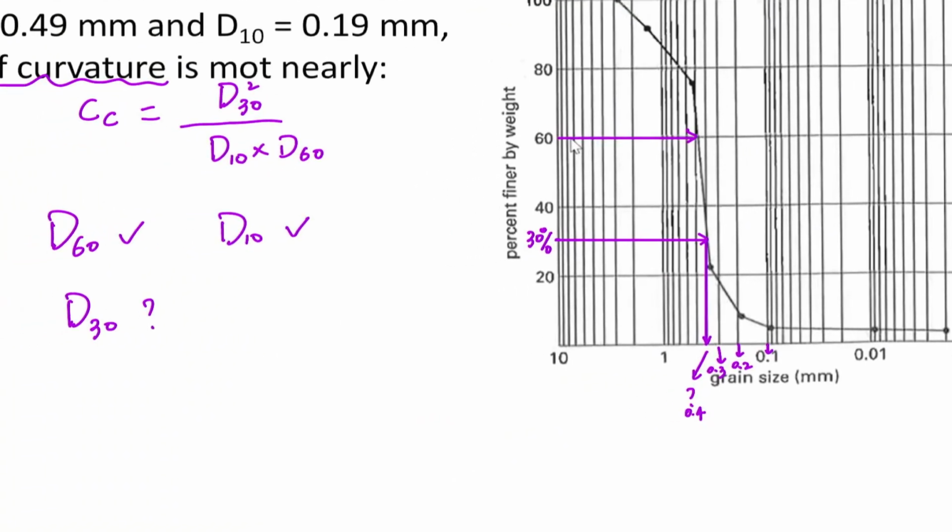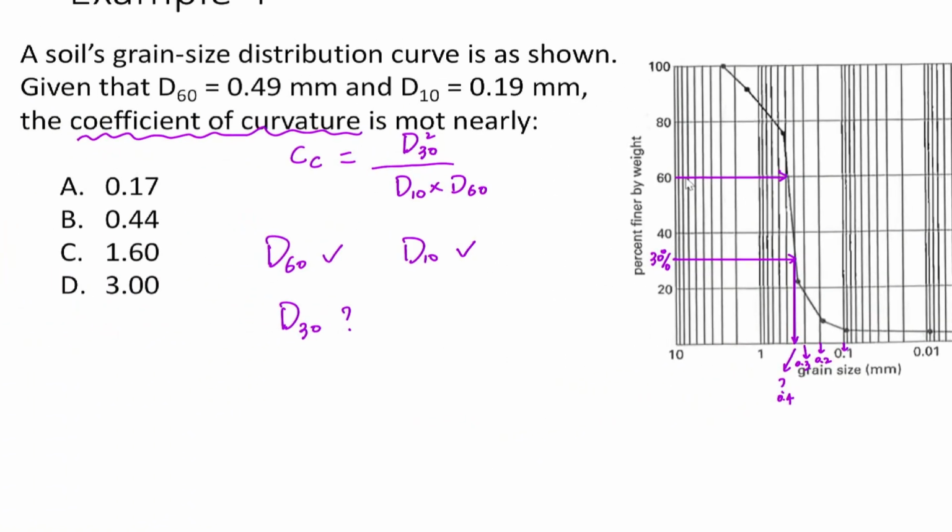It doesn't really matter because I'm pretty sure those answers are not close enough to cause any sort of confusion. So you can use 0.4 for calculation, and I would just go ahead and use 0.39 as a close approximation.